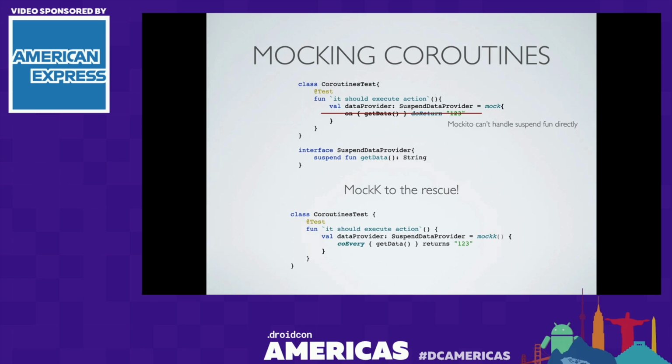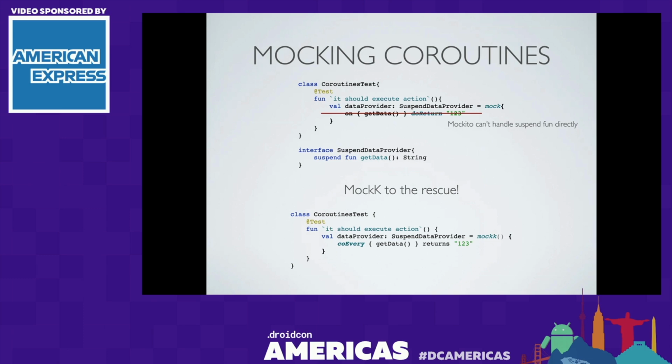There is a method we can use, every { getData() } returns 1, 2, 3, and for a suspend function we can write coEvery, from coroutine every. So the stubbing mechanism should be easier for suspend functions while using MockK.